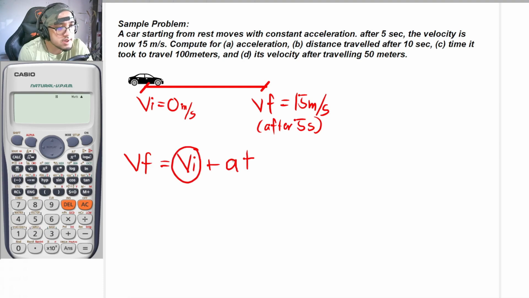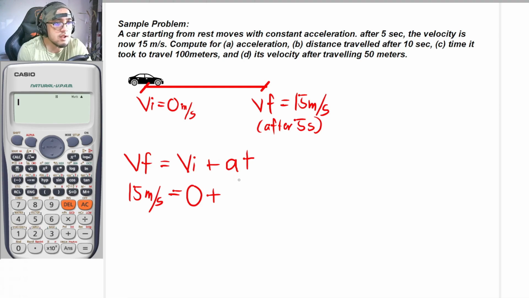So our VF is equal to 15 meters per second, and this is equal to our VI, which, starting from rest, is 0, plus the acceleration, which we do not know yet and is what we are solving for, times the time. The time it took to have a velocity of 15 meters per second is 5 seconds, as indicated in the problem.